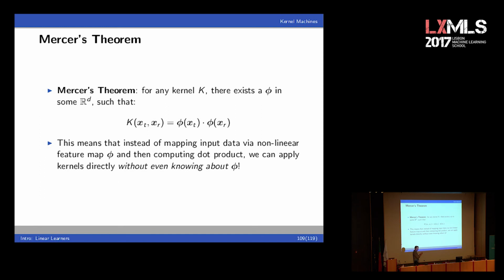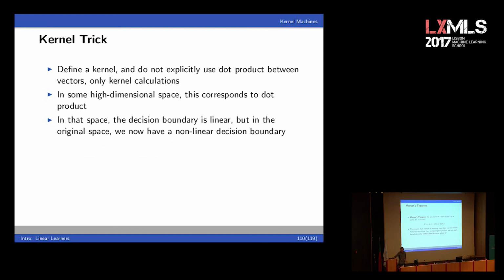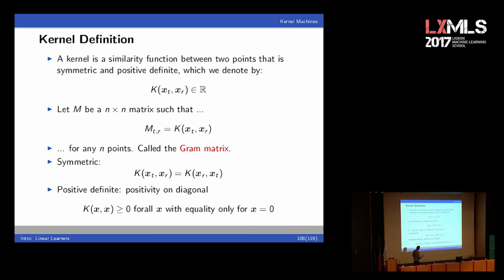If we formalize our algorithm in a way that it includes these dot products between examples, and we replace the dot product by something like a dot product that is a kernel, by using appropriate kernels that follow the definition of kernels, like a kernel has to be symmetric and positive definite.